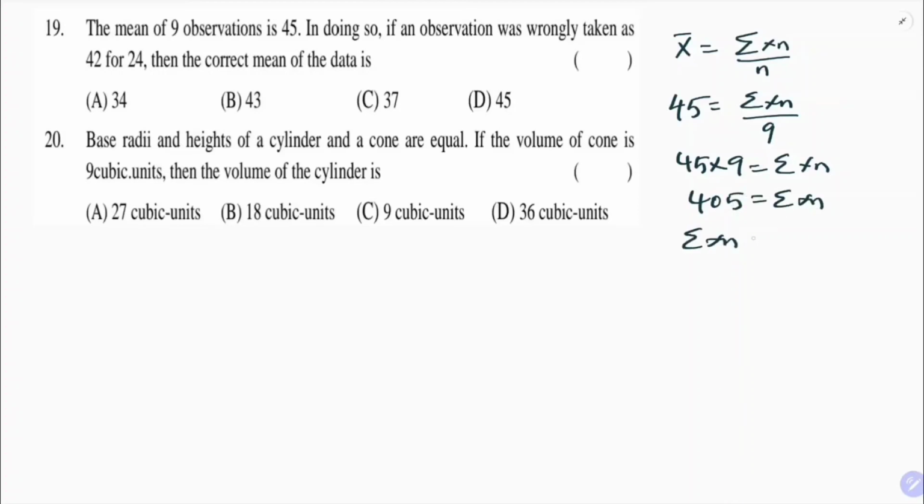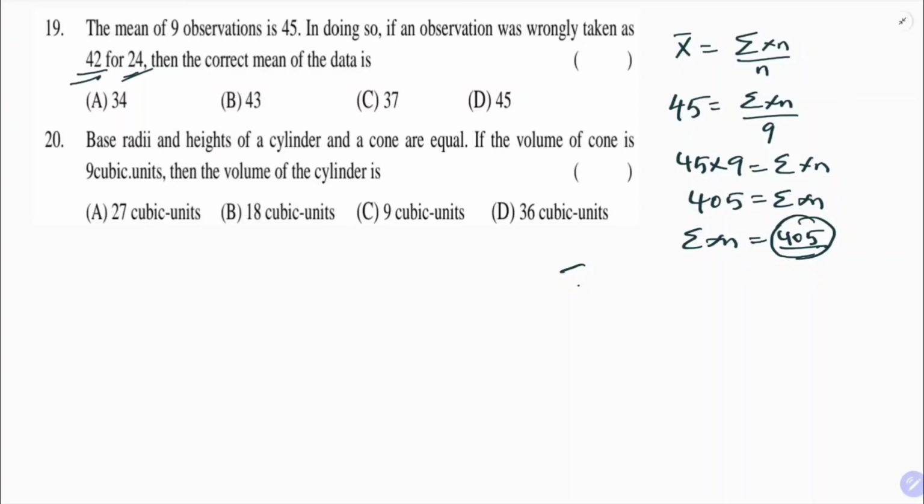They told that one observation was wrongly taken as 42. So the mistake happened only in the sum of the observations. While adding, they wrongly took it. So in the sum we should take out the wrong observation and add the correct observation.